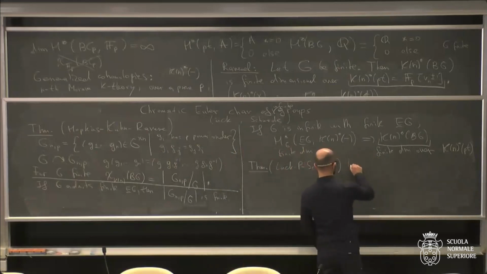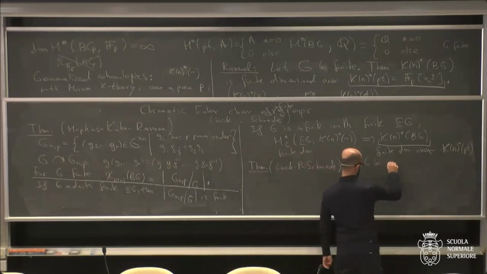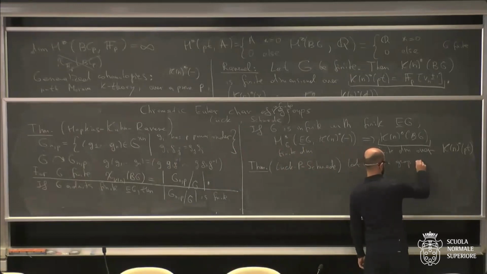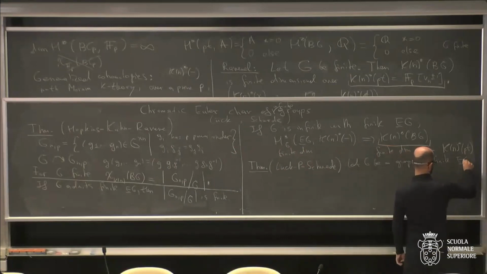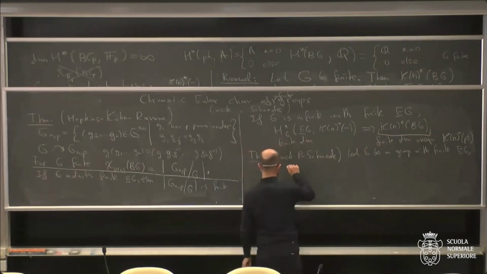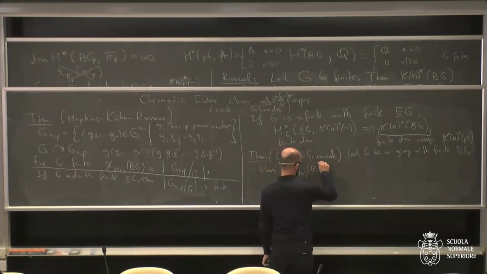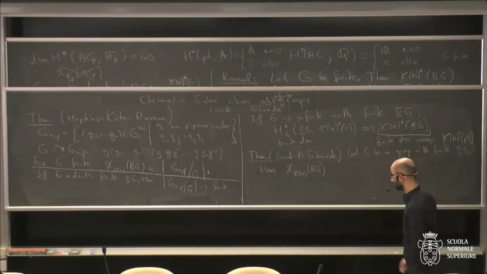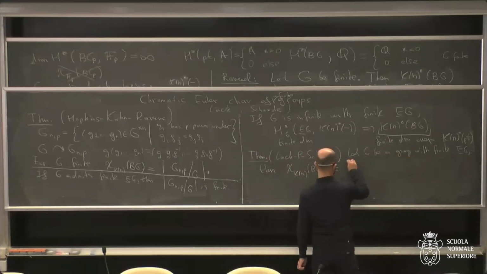Let G be a group with finite E under bar G. Then it turns out that there is a very nice formula for computing also the Morava K-theoretic Euler characteristic of this group G, which gives the sum over the elements (g_1, ..., g_n) belonging to this quotient.